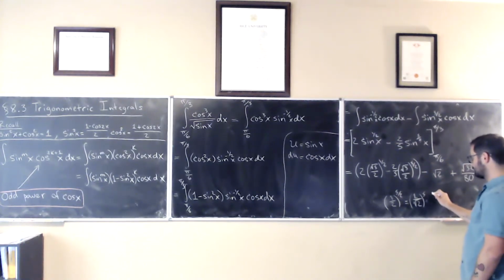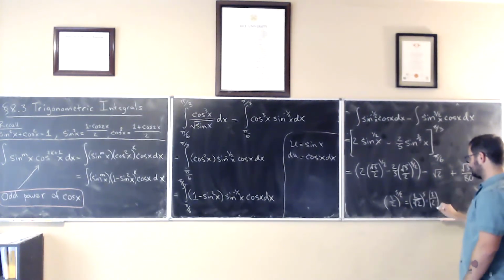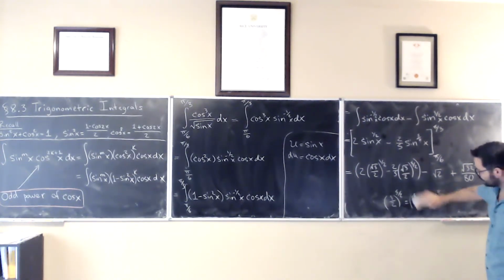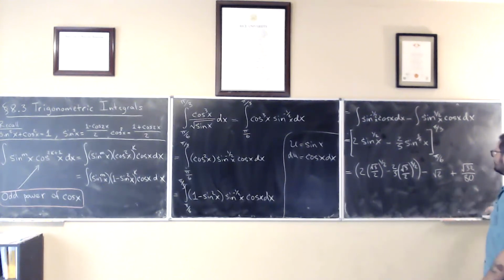So that's like saying 1 over 2 raised to the power of 4. You get, where is it? In any case, if you keep on working it out, it does end up being that.